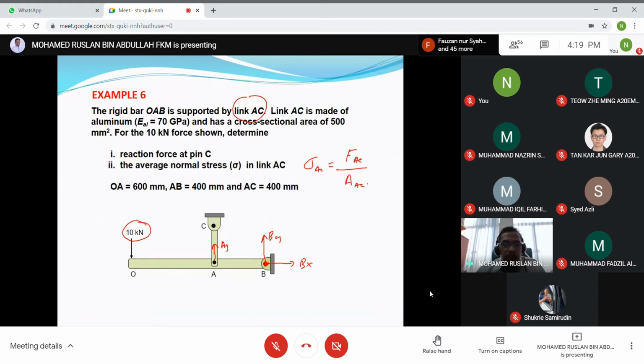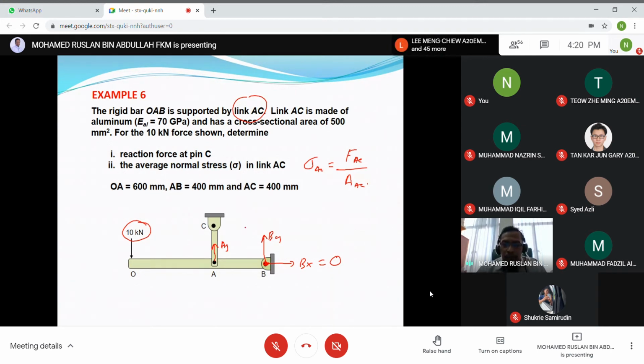So there is no more force in x direction. When you apply the total force in x direction, Bx equal to 0 because there is no other force in x direction except Bx.